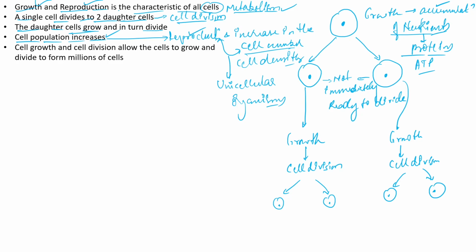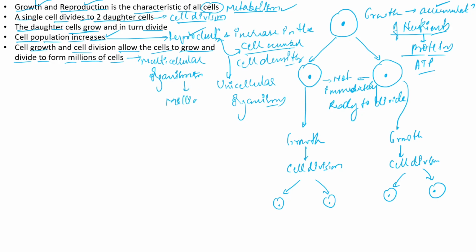So cell growth and cell division allow the cells to grow and divide to form millions of cells. In the case of multicellular organisms, you can notice that they are made up of millions of cells.